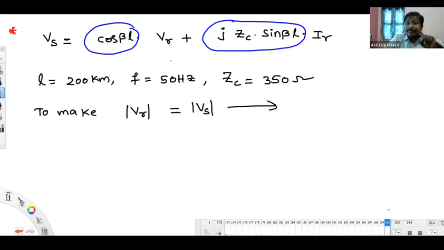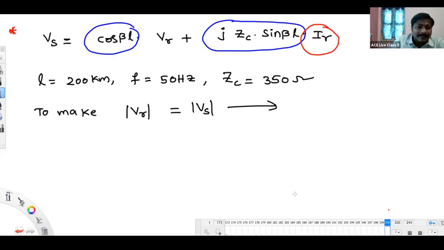Now, to make the Vr and Vs magnitudes equal, the only choice is that you have to vary the receiving end current value. All of you getting this?